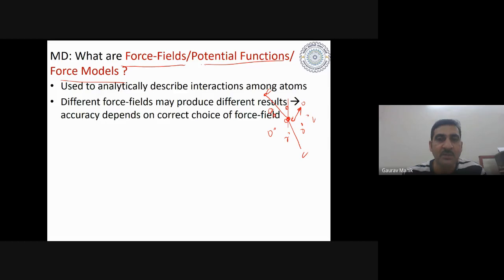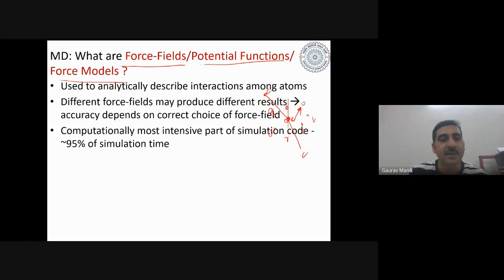So if you're trying to understand vapor liquid equilibria, you will have to use a force field which is much more reasonable in estimating the vapor liquid equilibria properties. If you're trying to understand the thermal properties, then your force field should be apt, suitable to estimate the thermal properties.